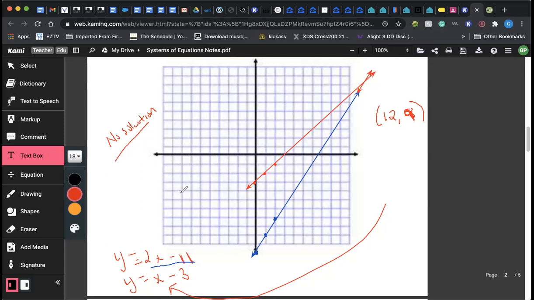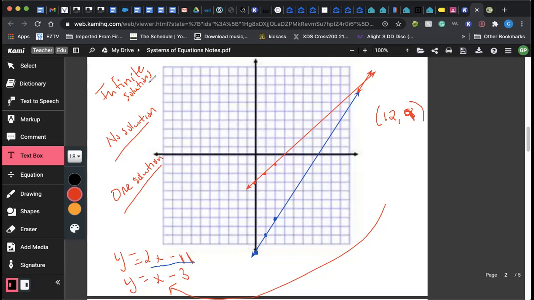You can have no solution, right? One solution, which is what you're looking for. Or you can have infinite solutions. What's a situation in which I would have infinite solutions? What do you think that even means? Infinite solutions. What does that bring to your mind? Infinite. Never ending, right?